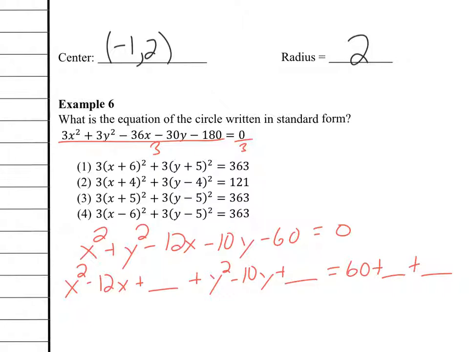Halving b squared. Halving 12 is 6. 6 squared is 36. So we add that to both sides. Halving 10, the next part, the 10y, halving 10 is 5. 5 squared is 25. So it's going to be 25.